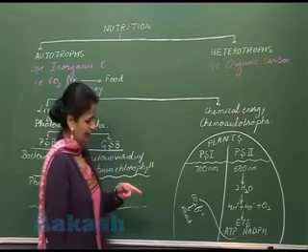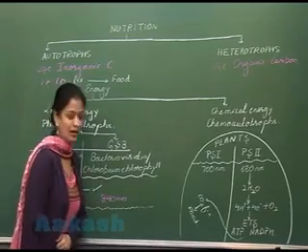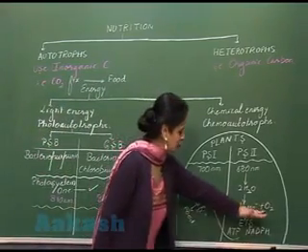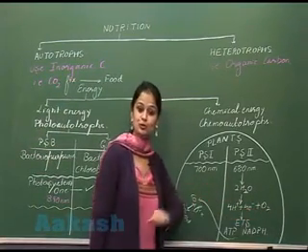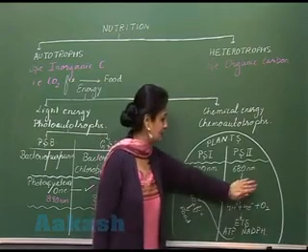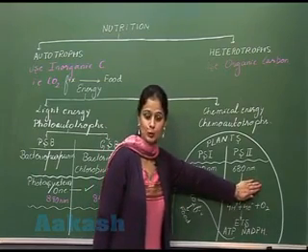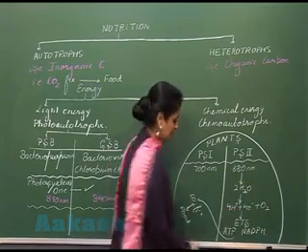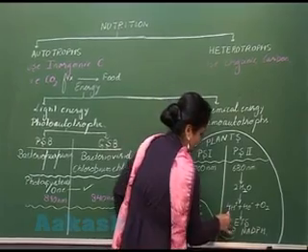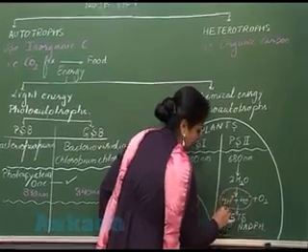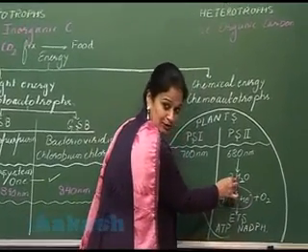So you can see here that in the case of plants, the electron and hydrogen donor is water. Very important point to note down here.